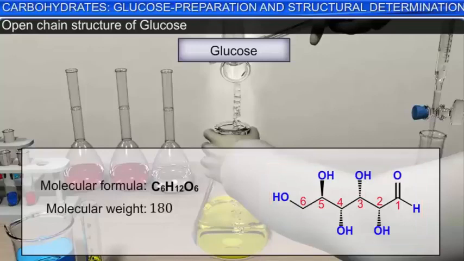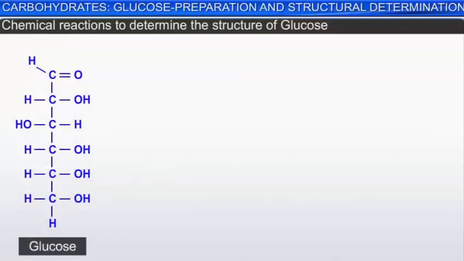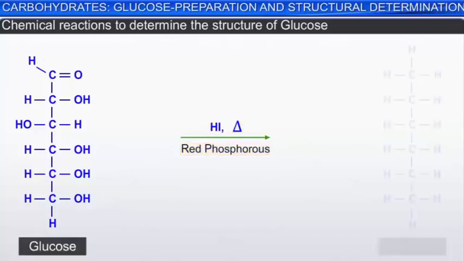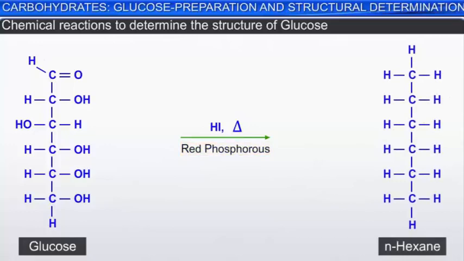Let's consider some evidence that helps scientists to determine the structure of glucose. For example, the reaction of glucose with hydrogen iodide: glucose on prolonged heating with hydroiodic acid in the presence of red phosphorus results in the formation of n-hexane. The formation of n-hexane indicates that all the 6 carbon atoms in glucose are linked in a straight chain.